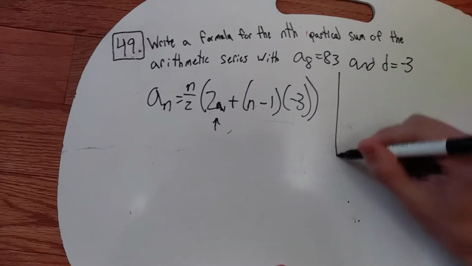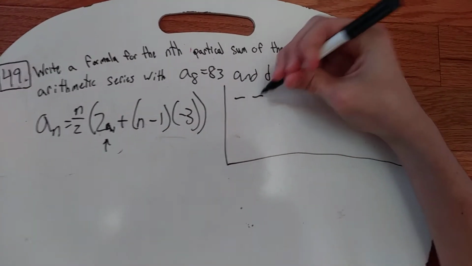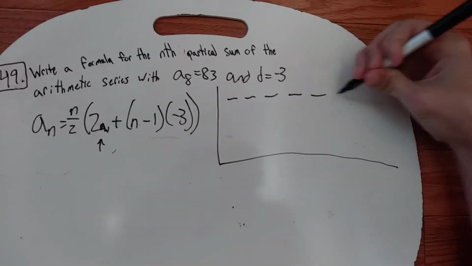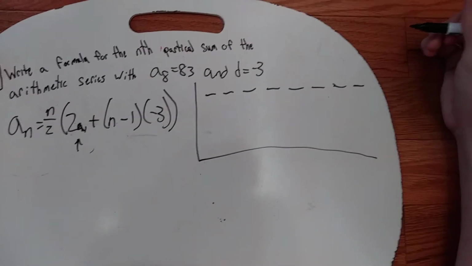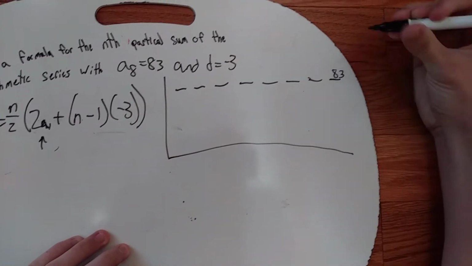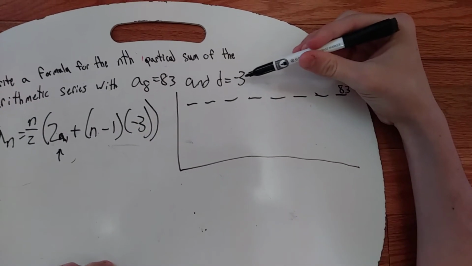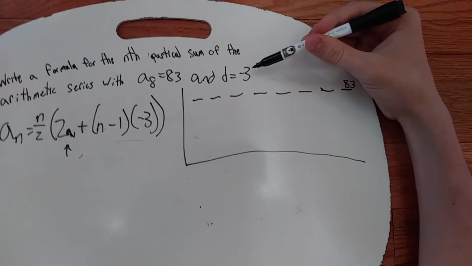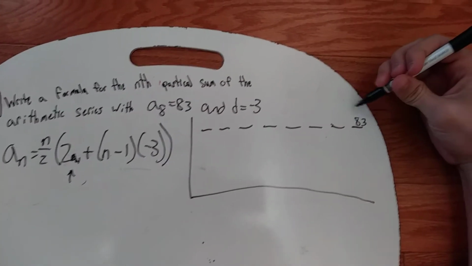Well, let's make a little side work over here. We have a sub 8, so we're going to make 1, 2, 3, 4, 5, 6, 7, 8. Okay. So you made 8 lines because of a sub 8. I understand. So we have 83, that's the 8th term. D is negative 3, which means we're going to have to add 3 each time to get to a sub 1.